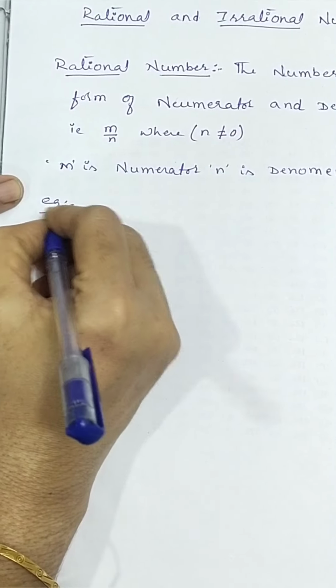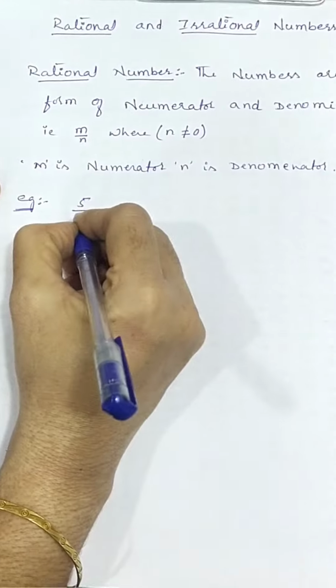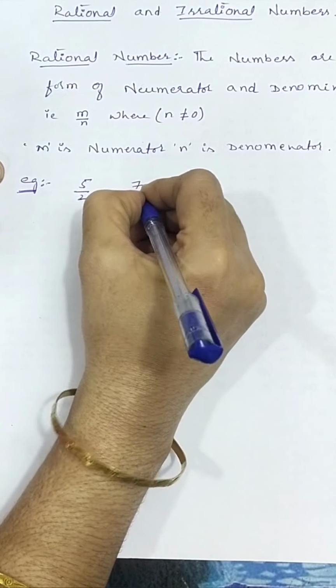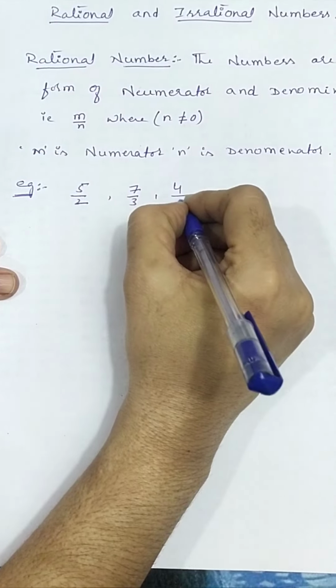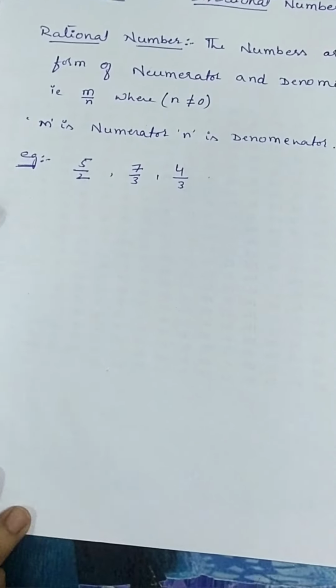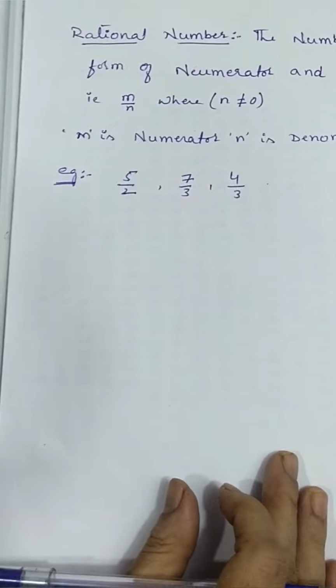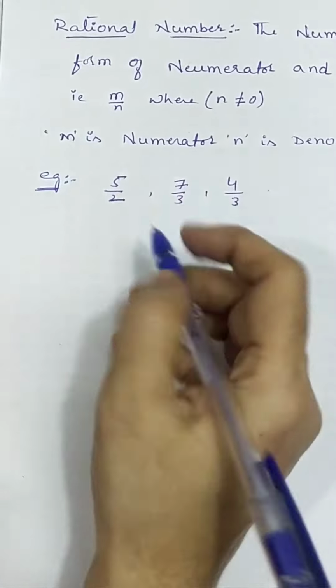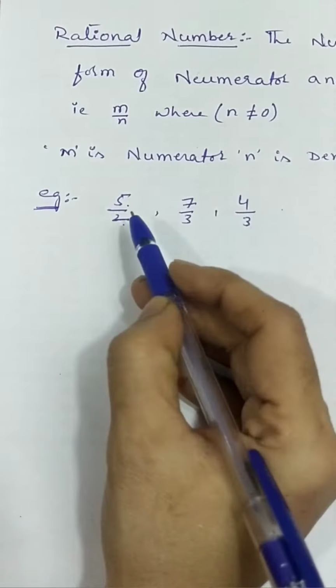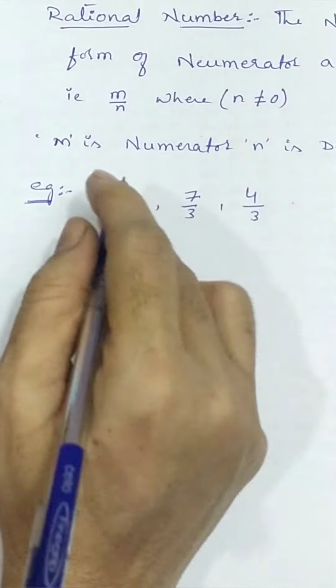Example: 5 upon 2, 7 upon 3, 4 upon 3, etc. This type of numbers are called rational numbers. We know here the numerator will be divided by the denominator, that is 5 upon 2. How do we divide this number?